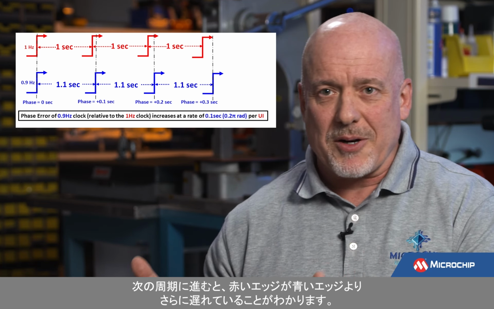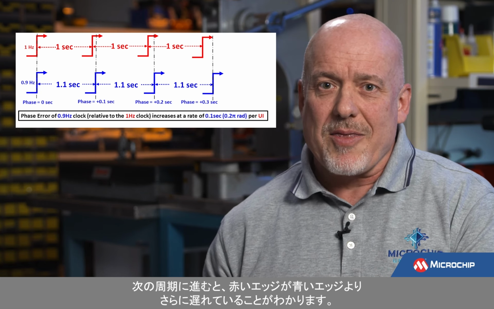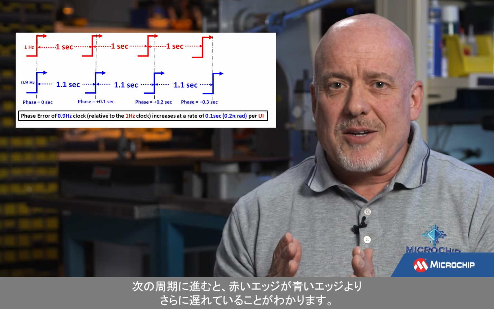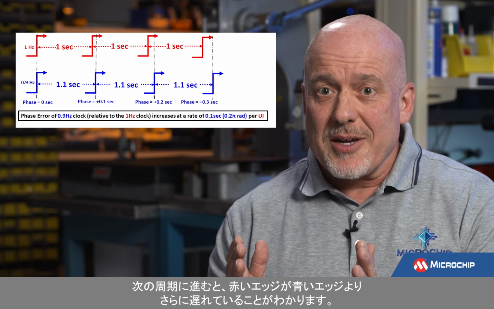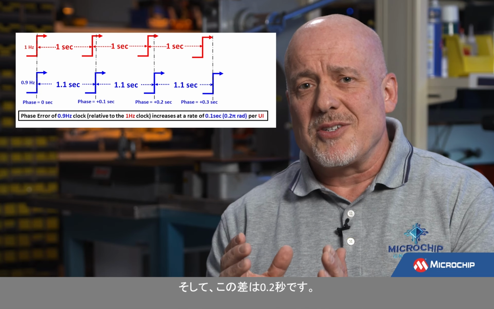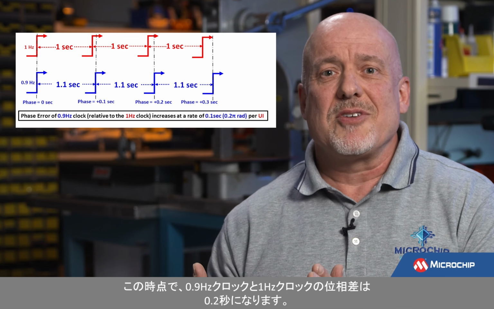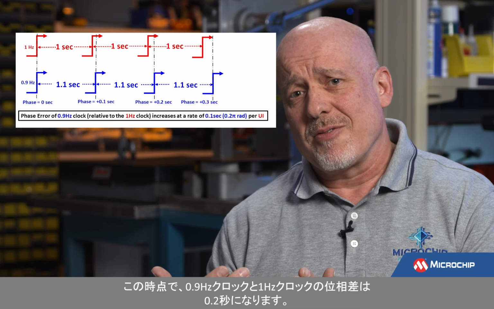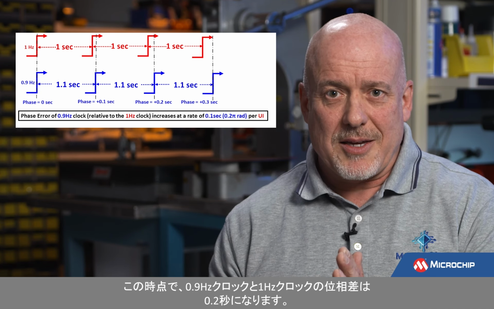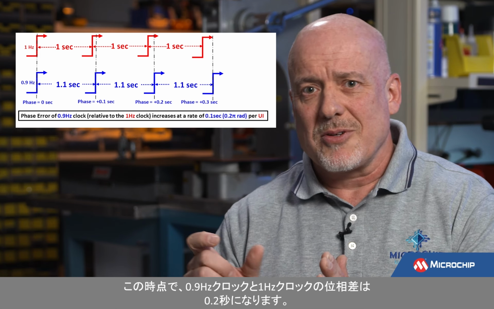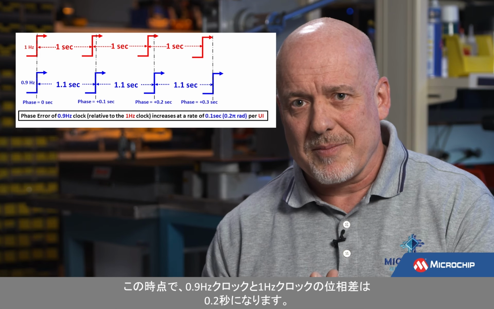If we go to the next period, we see that that red edge is now further behind the blue edge, and now this difference is 0.2 seconds. So the phase of the 0.9 hertz clock versus the 1 hertz clock is now 0.2 seconds, and so on.